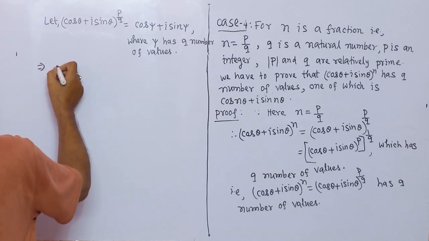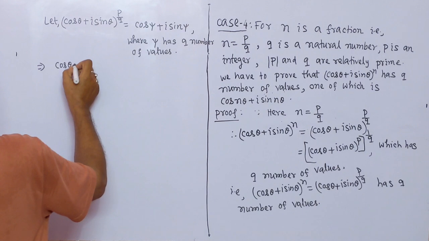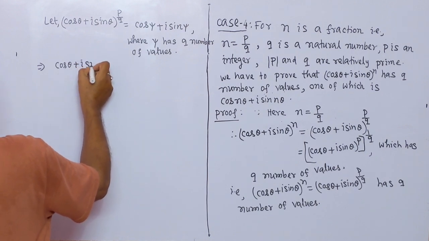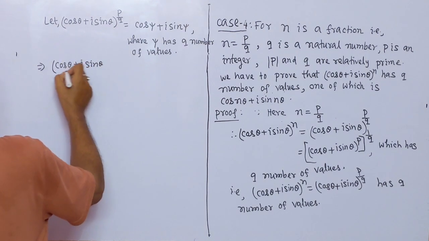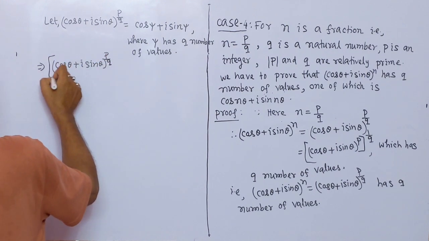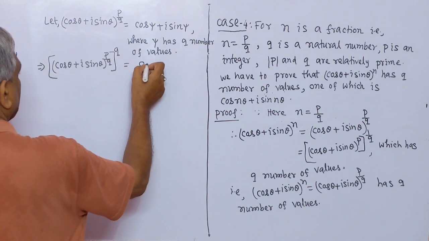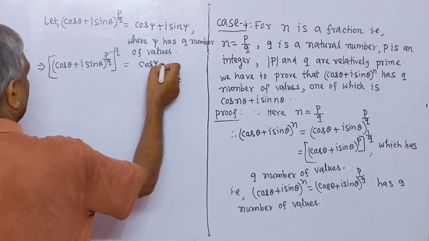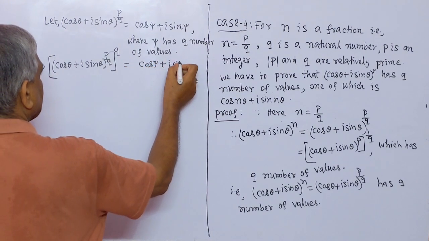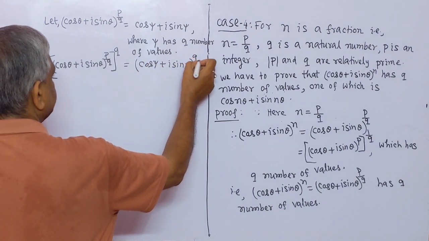This implies that ((cos theta plus i sin theta) to the power p by q) whole to the power q equals (cos psi plus i sin psi) whole to the power q.